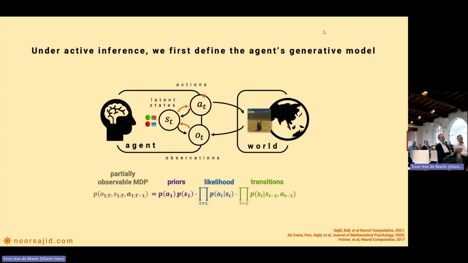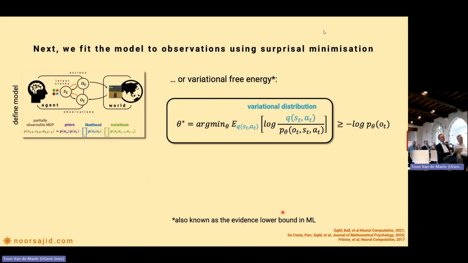So this allows us to define the generative model, which we have as the joint distribution, and we can factorize that into some priors that you see in the purple here, the likelihood, which is in blue, and the transition function. Once you define the simple generative model without thinking about model parameters, you can fit this model to observations using surprise minimization or the variational free energy.